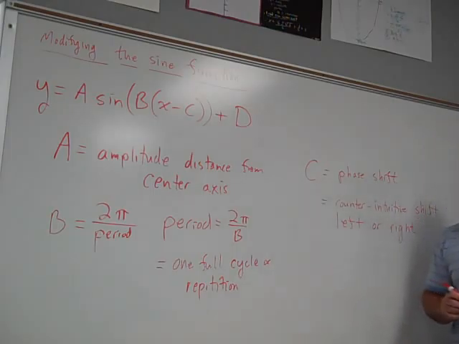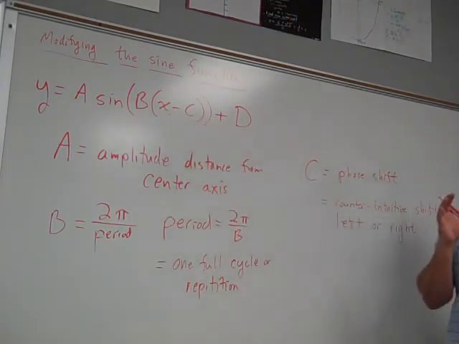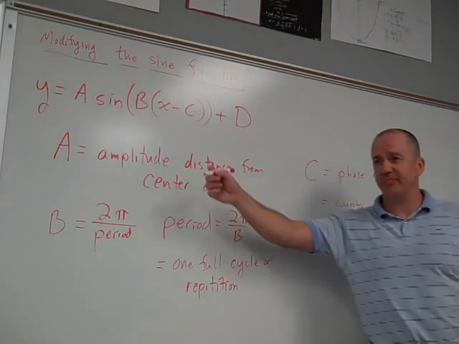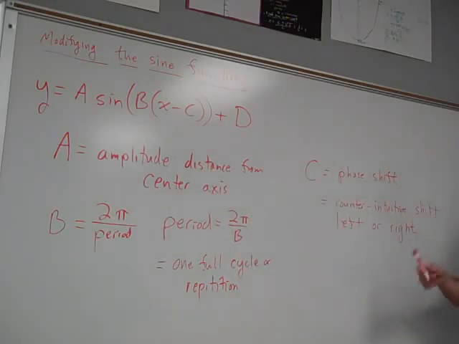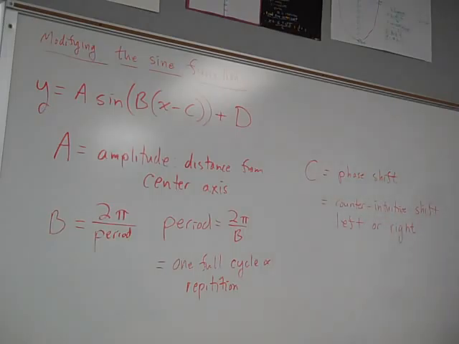Those of you who studied functions this way last year in Algebra 2, if you had a number inside parentheses snuggled right up to the x variable, like in vertex form of a parabola, it always moved the function left or right counterintuitively. If you had subtraction in here, it moved it to the right. If you had addition in here, it moved it to the left. Vertex form of a parabola was probably the first place you saw that phenomenon.